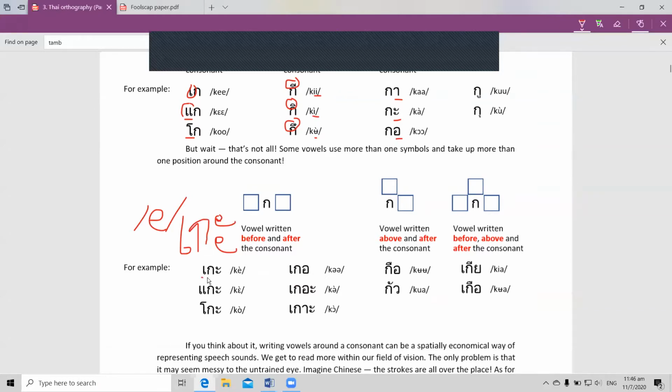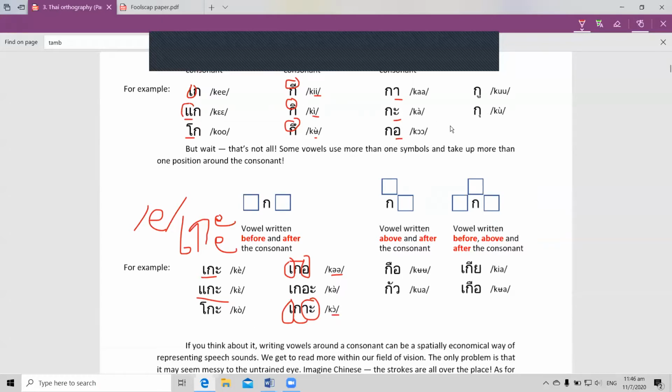So this word here is ke. This is ke. All right. So these words are made up of vowels that occupy the left and right of the consonant. All right. So this and this combined, right, is one vowel. This and this, all these combined are the vowel O.